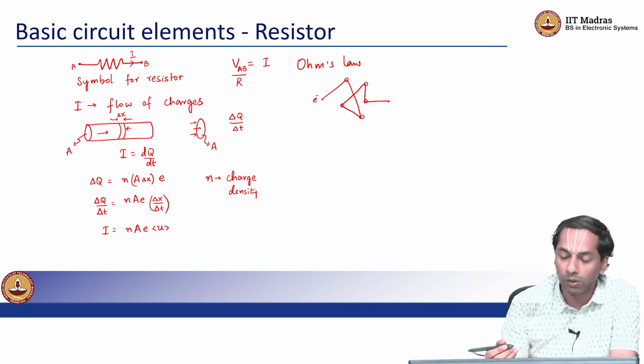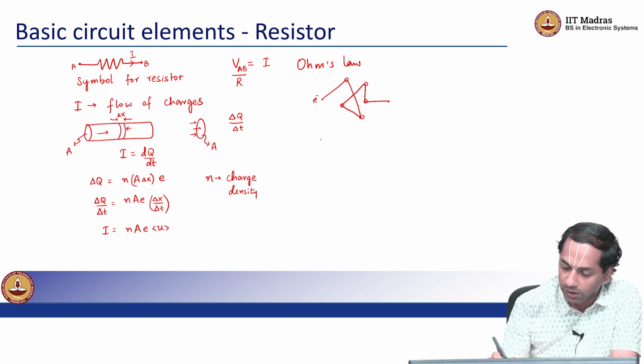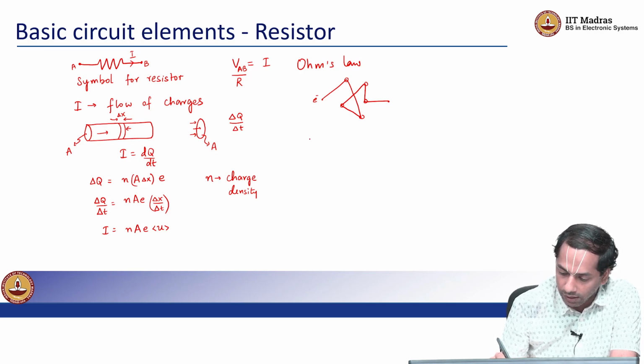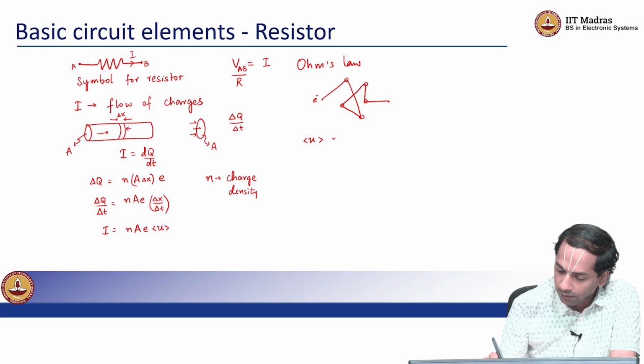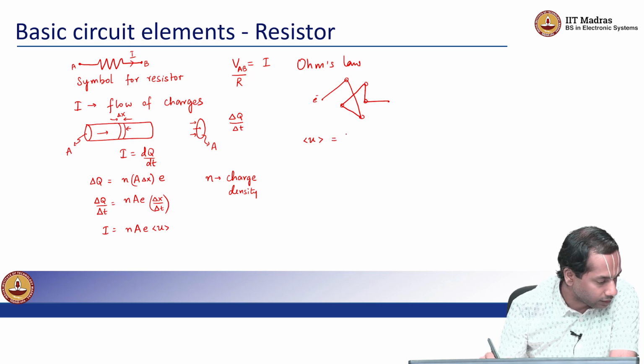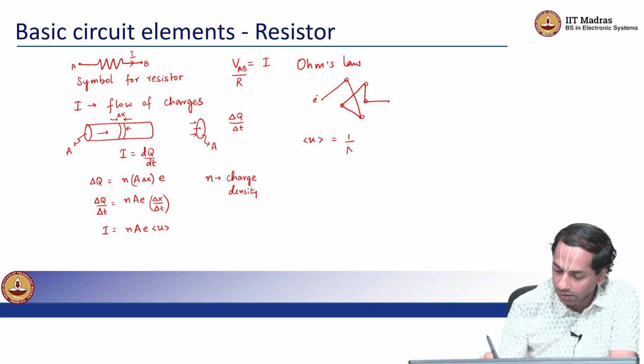So, in order to bring out this mean velocity of the electrons, we are going to say using Newton's laws that the mean velocity u is essentially the average.